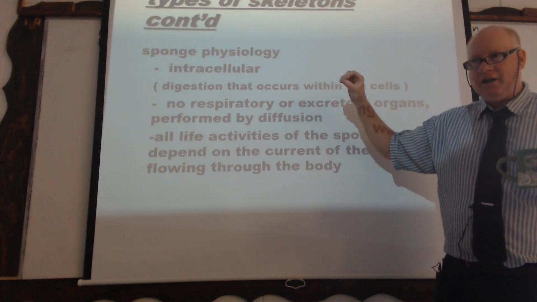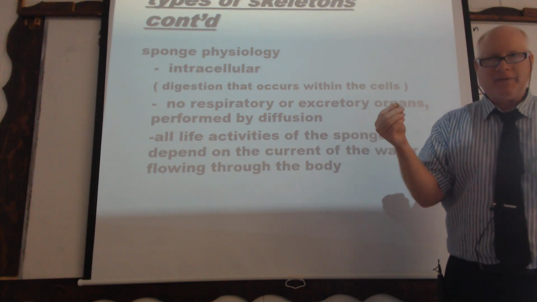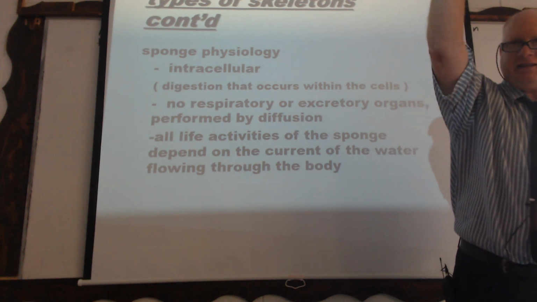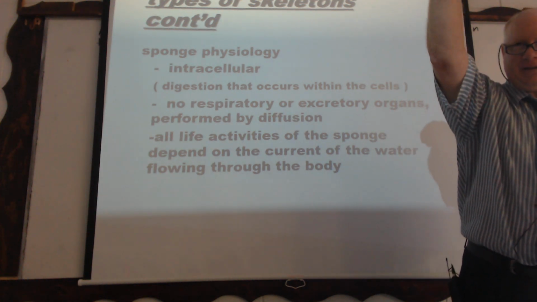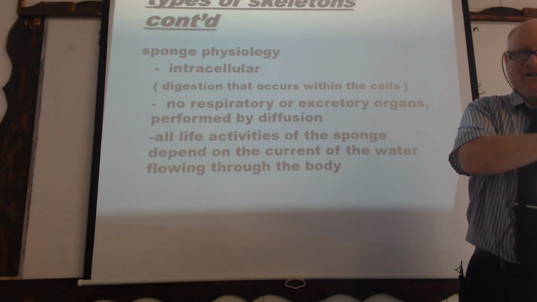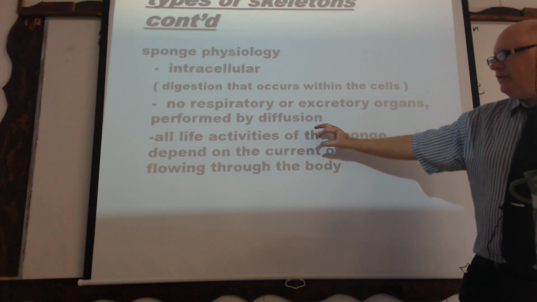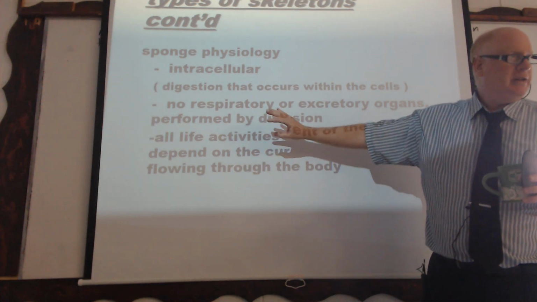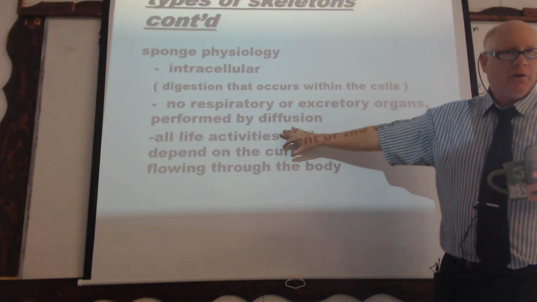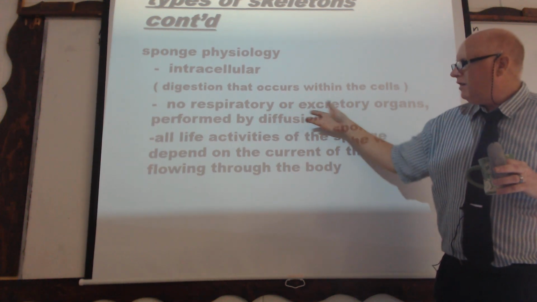Muscle cells will not work unless they are stimulated by something, and that is the nervous system, right? It's called action potentials. But none of that is present in sponges because these animals don't move. So the only type of movement they need is materials in and out.